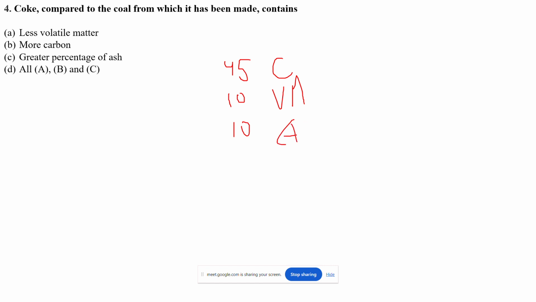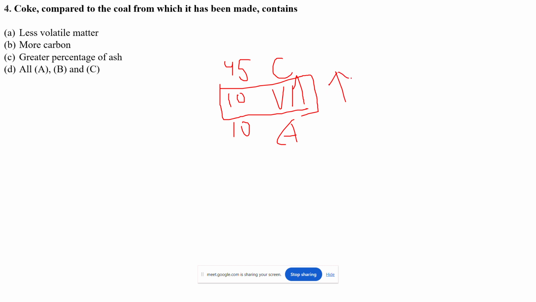So when we are talking about the coke making operations, the volatile matter present inside this coal is going to get released in the gaseous form.